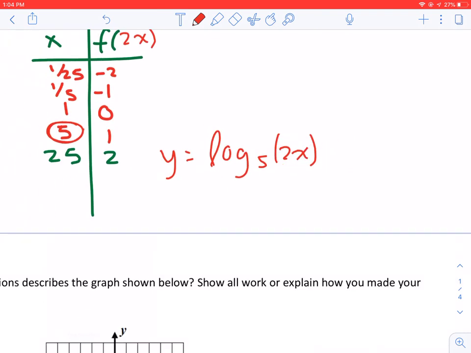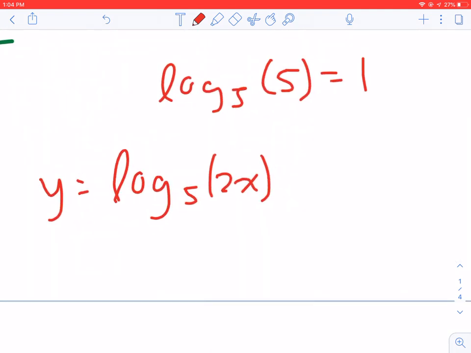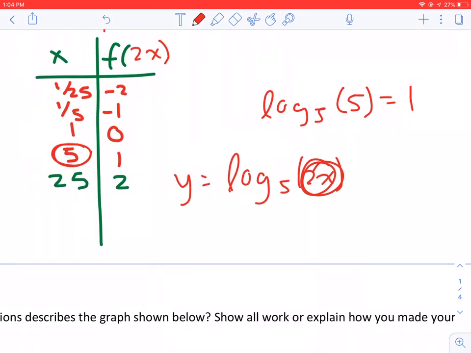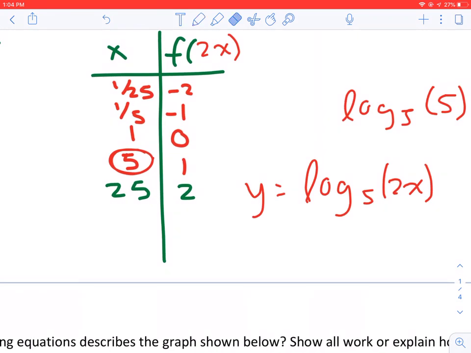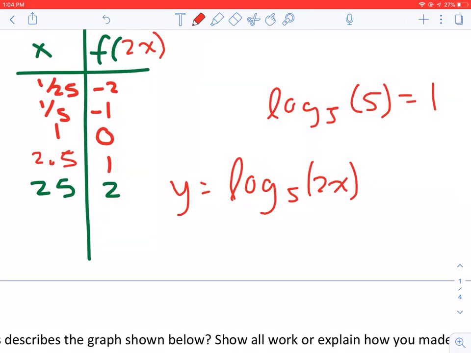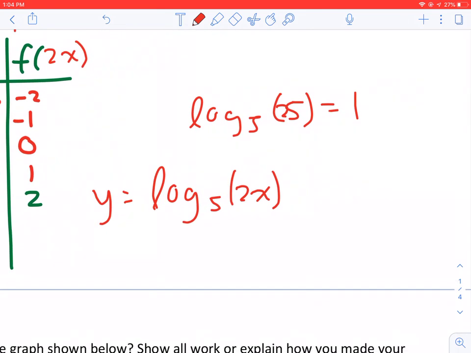So in the original, I knew that log base 5 of 5 was equal to 1. Well, what do we need for the input now for this to equal 5? Well, we need it to be 2.5. It has to be half the value. So this becomes 2.5. We know log base 5 of 25 is equal to 2.